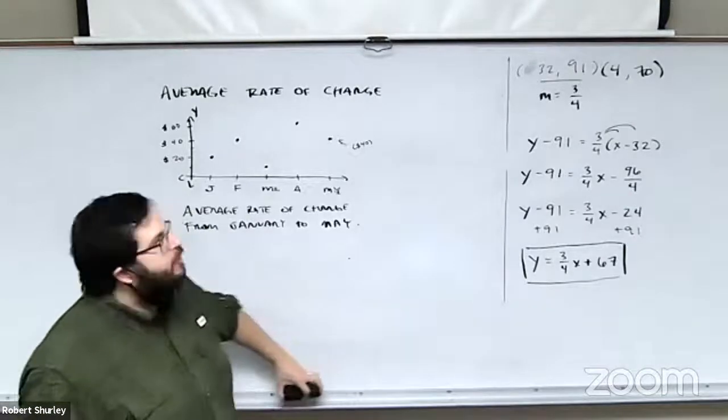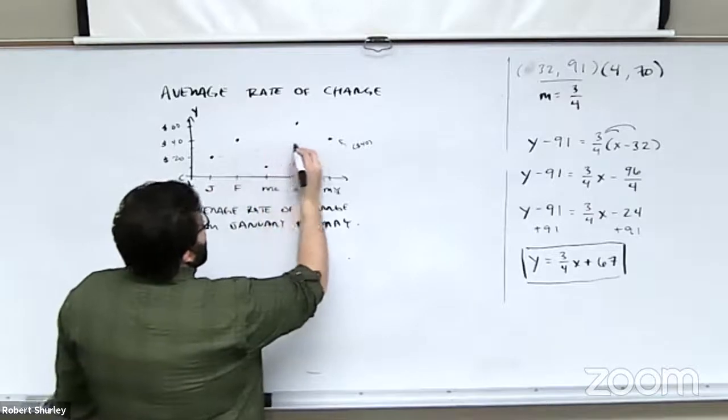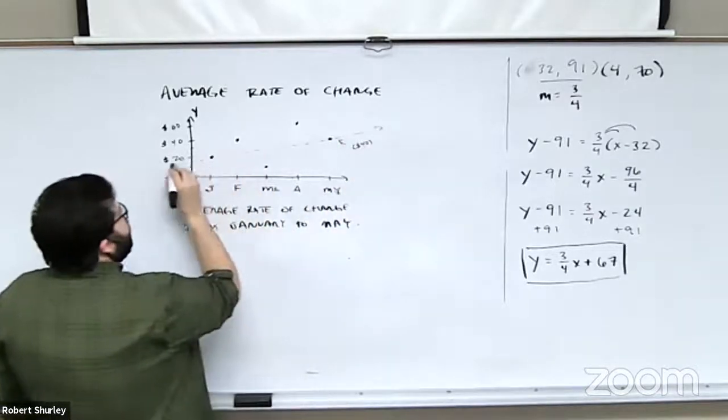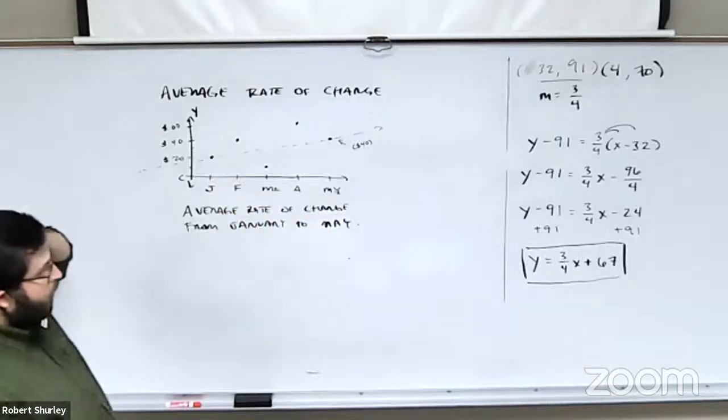What you're actually going to find is the slope of the line that goes through January and goes through May, okay?